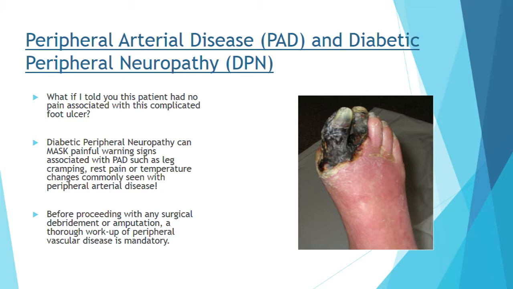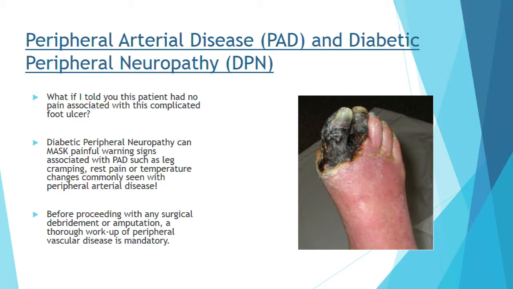That did not bother this patient one bit. This patient's wife saw his foot looking like this. This guy had no idea that his foot was in this condition. Diabetic neuropathy can mask painful warning signs, like the intermittent claudication, that are associated with peripheral vascular disease, which is why it is such a tough thing.